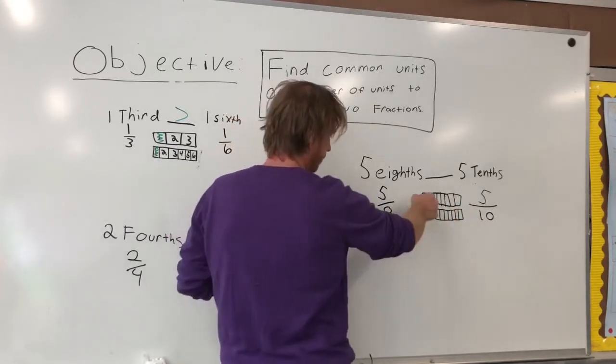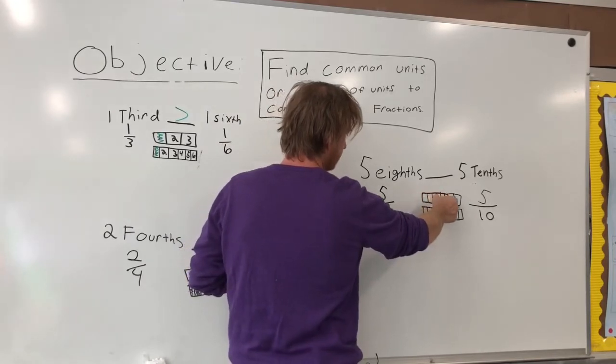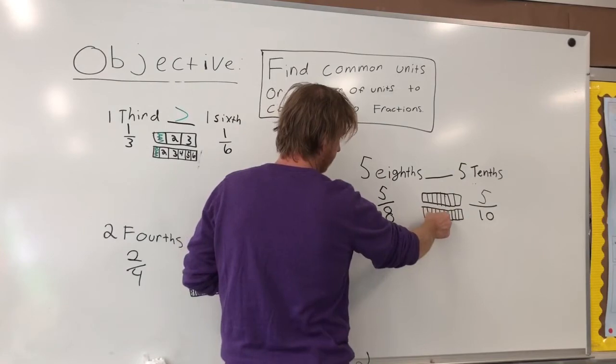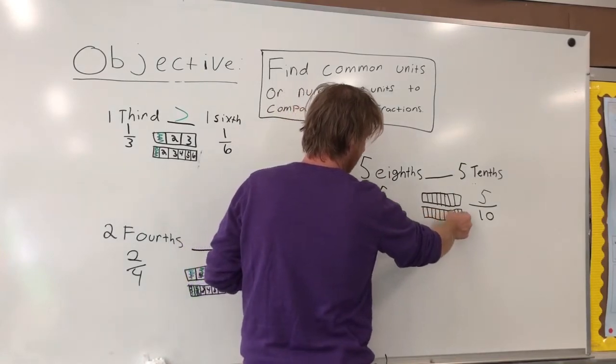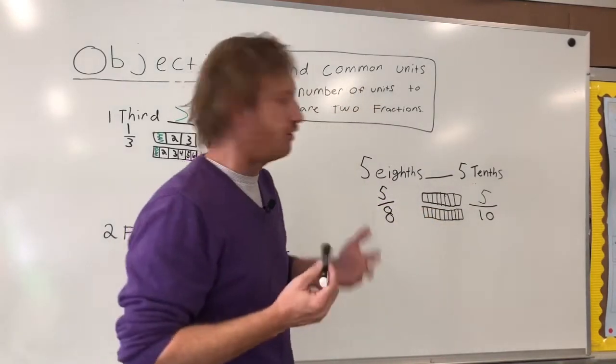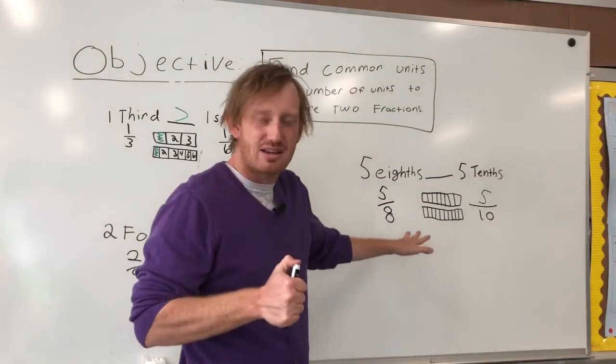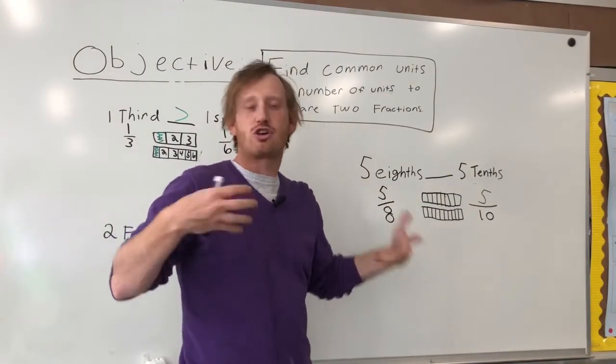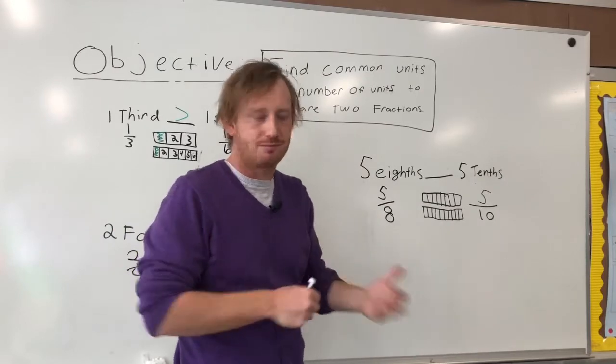So on the top we have 1, 2, 3, 4, 5, 6, 7, 8. And on the bottom, 1, 2, 3, 4, 5, 6, 7, 8, 9, and 10. And again, they're not exactly the same size, but they're close enough to show us if the fractions are equivalent or which one is bigger.